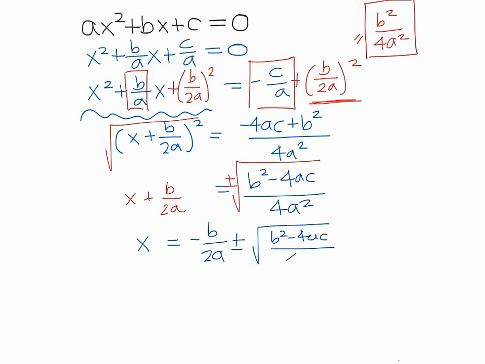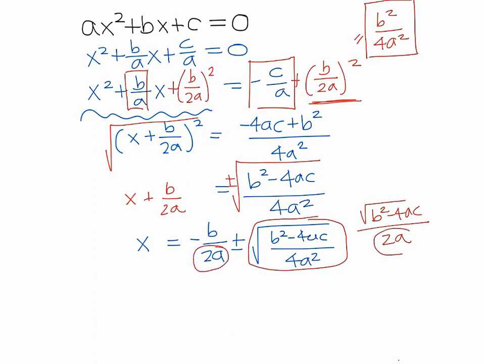all over 4a squared. Then simplifying this radical a little bit, we have the square root of b squared minus 4ac all over the square root of 4a squared. That's the same thing as 2a. Now notice we have 2a in here, 2a in here.